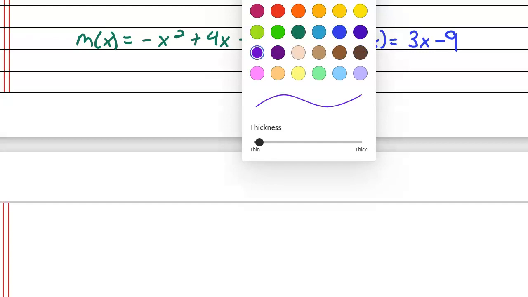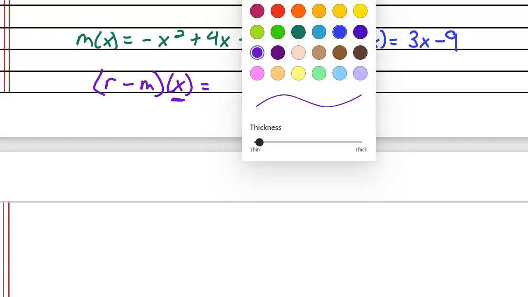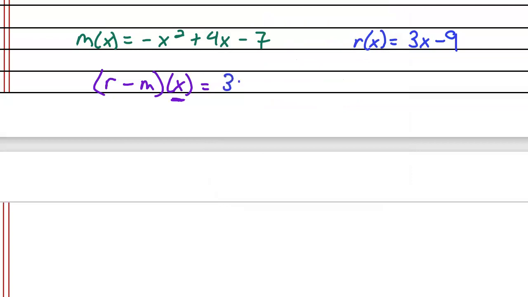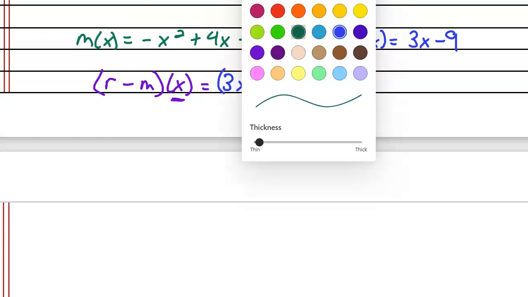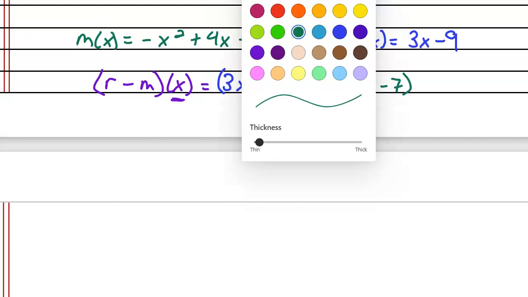And I want to find r minus m of x. This is going to tell me that I'm going to leave my x in the equation. So I'm going to take my r function, which is 3x minus 9, and my m function, which is negative x squared plus 4x minus 7, and subtract those two.